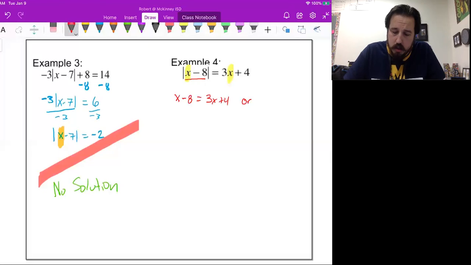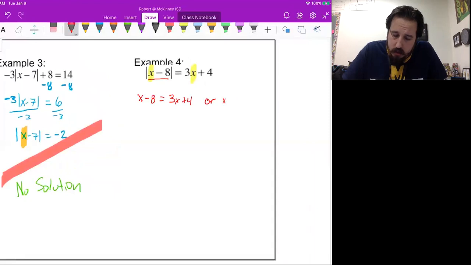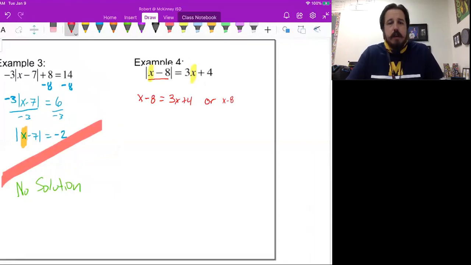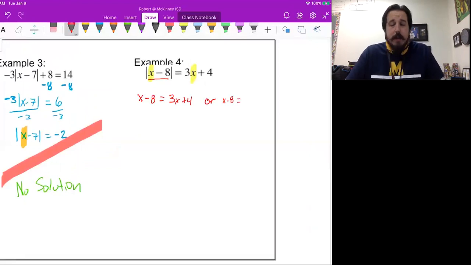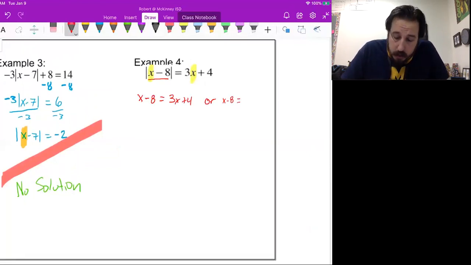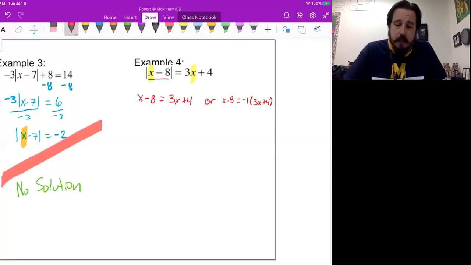Or when I do my negative version, it is still what was inside the absolute value bar, x minus 8, equals, and I'm going to multiply what it equal to by -1. So -1 times 3x plus 4. And now I solve each of these independently.